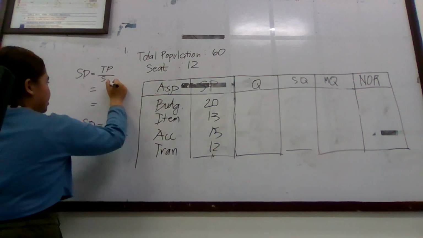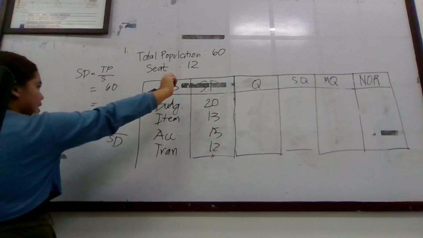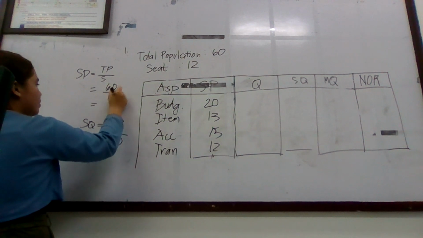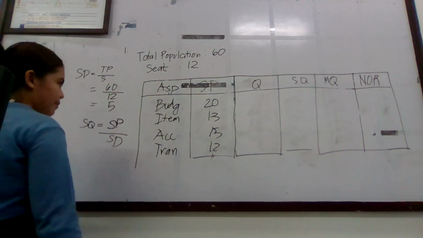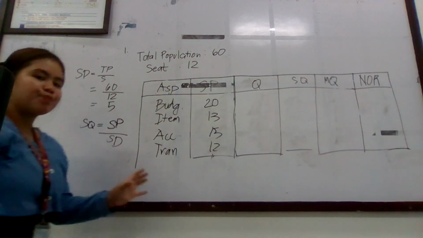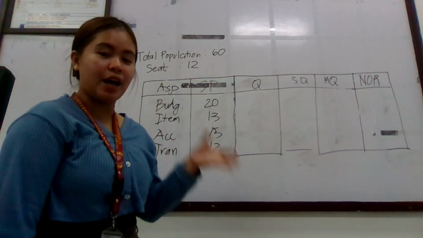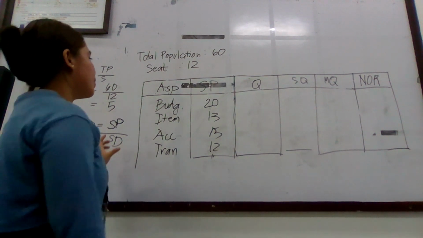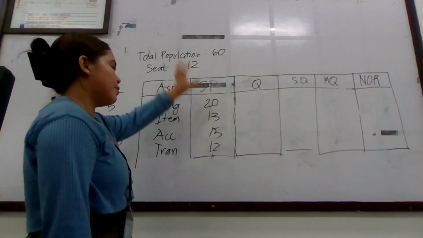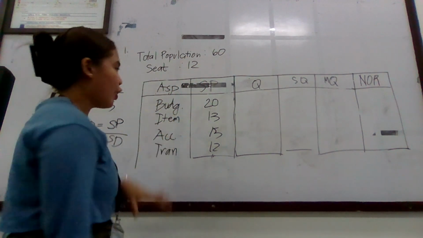So our total population is 60 and the seats is 12. So 60 divided by 12 will give us 5. So after getting our standard divisor, let us divide our standard divisor to the respective state population.